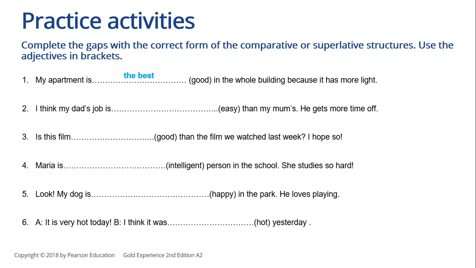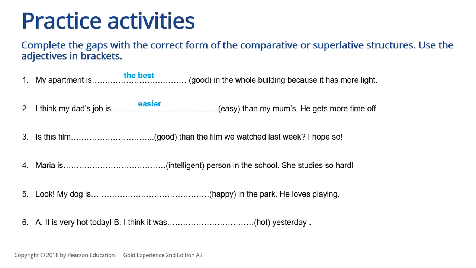He gets more time off, so he has more free time. We're comparing two objects or one object with many objects? 2. So we need a comparative. I think my dad's job is easier than my mom's.